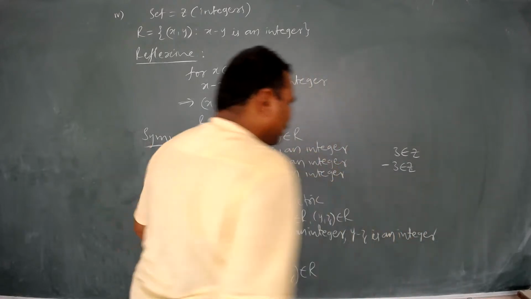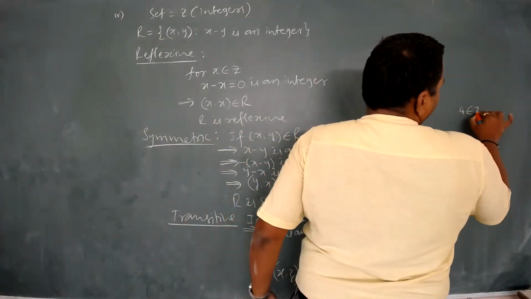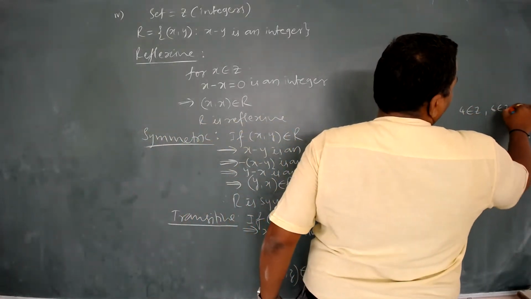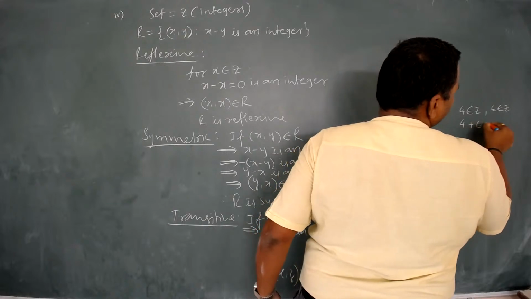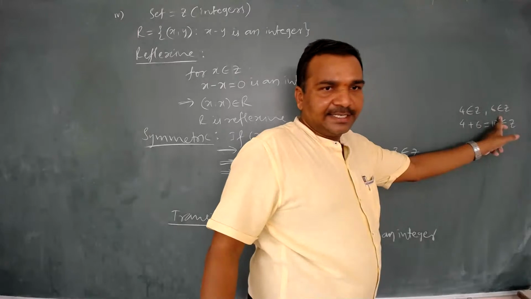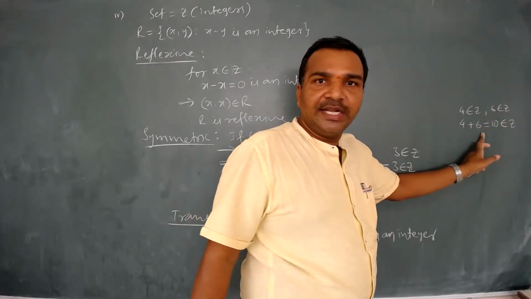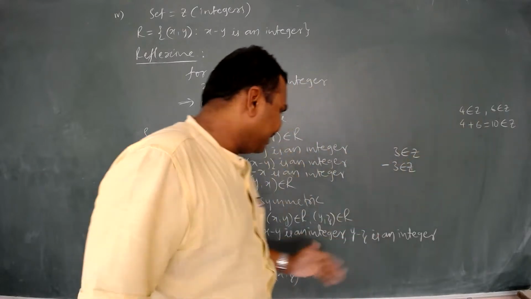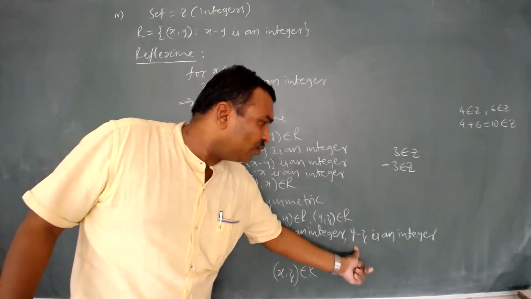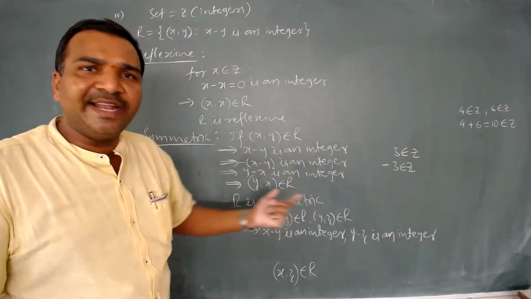Correct now? So just check it now. 4 is an integer, 6 is an integer. Then the sum of these two is also an integer. Can we agree? If 4 is an integer and 6 is an integer, 4 plus 6 is also an integer. In the same way, x minus y is an integer and y minus z is an integer, so the sum of these two integers is again an integer.